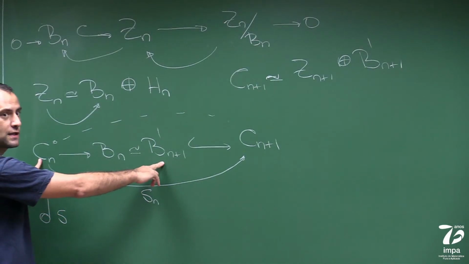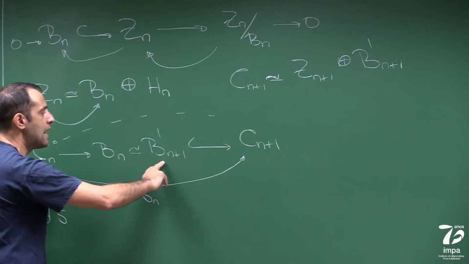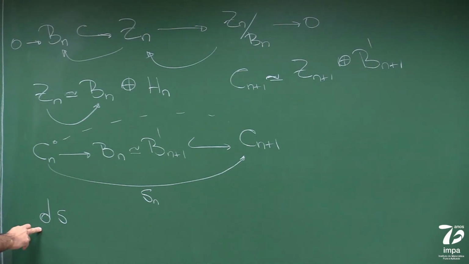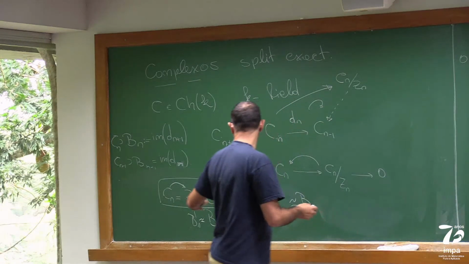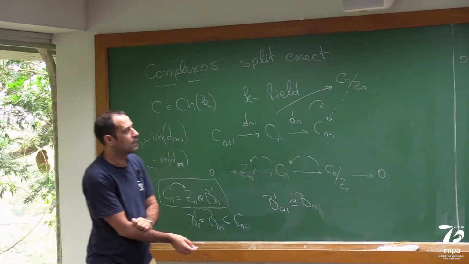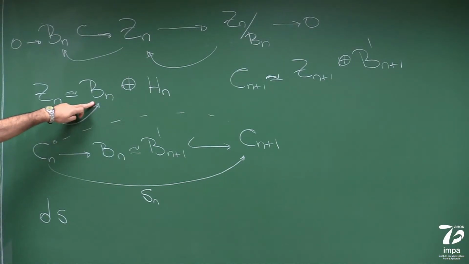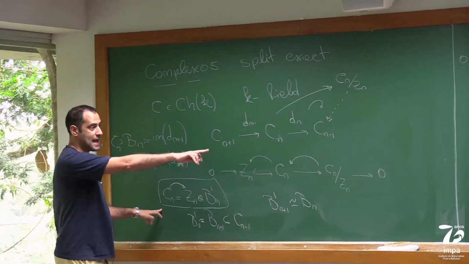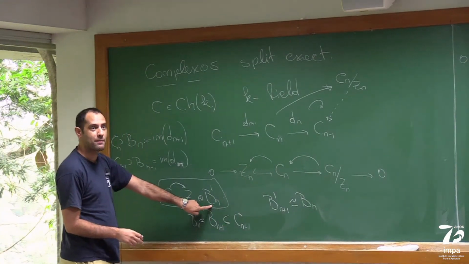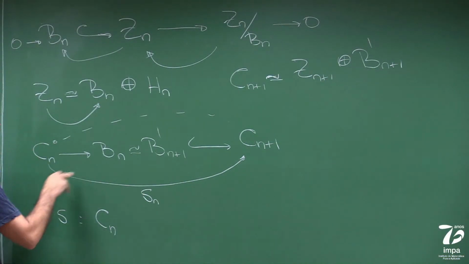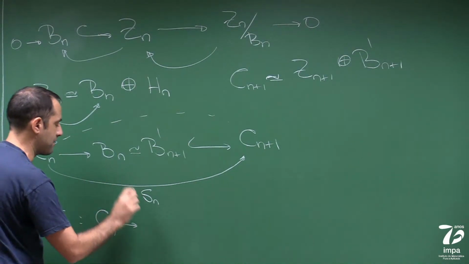So Bn is the same thing as the boundaries B prime n plus 1, and then take D, which goes back here. So this thing here, what it does is just the projection, right? So I'm looking at first projecting to Zn, and then projecting back to Bn. So in this splitting here, that composition, DS, is just the projection from Cn to B prime n. So this is a map from Cn to Cn, but it actually factors through B prime n.